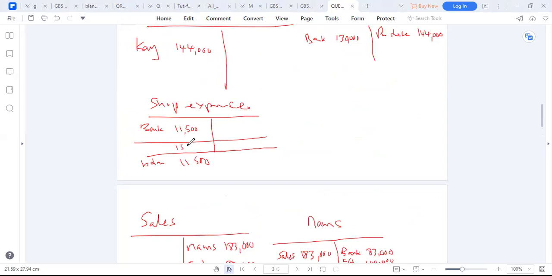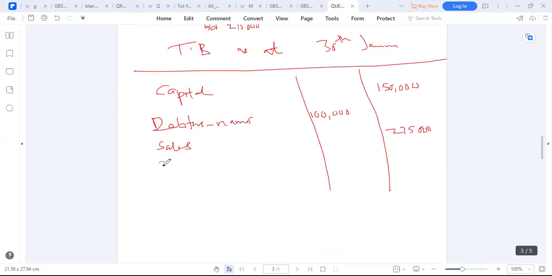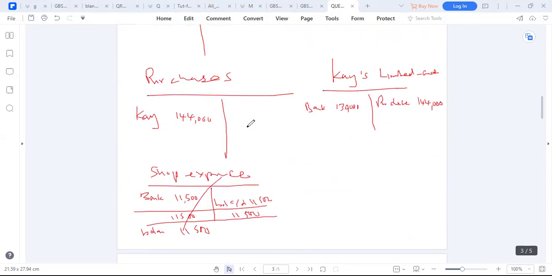The total here, 11.5. Balance brought down, 11.5. So shop expenses, 11.5. Okay, so close this, close this, close this.